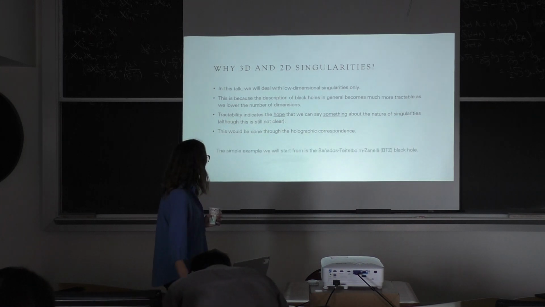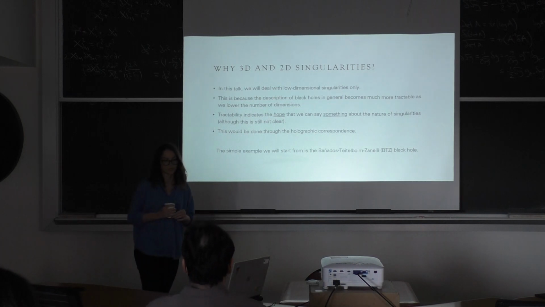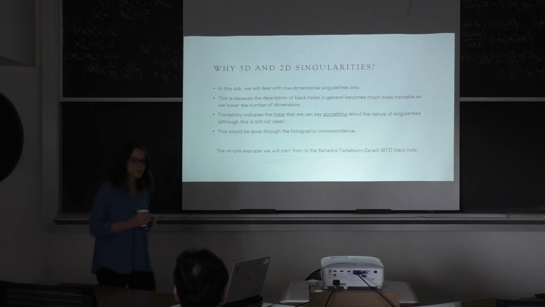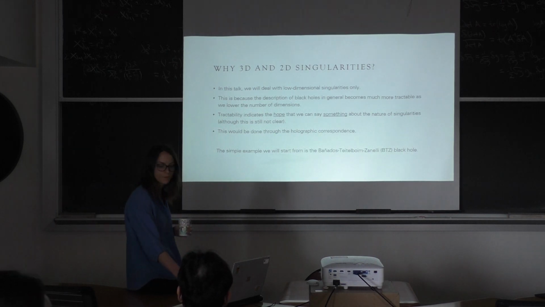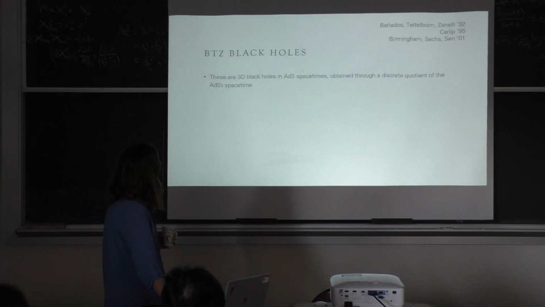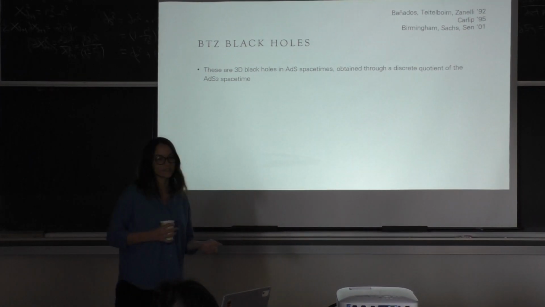Okay. As I mentioned in the outline, the example that I'm going to be focusing on is a 3D black hole, known as the BTZ black hole. I'm pretty sure it's pretty standard knowledge at this point, but I'm going to introduce it anyway. The BTZ black hole is a 3-dimensional black hole in an AdS spacetime.